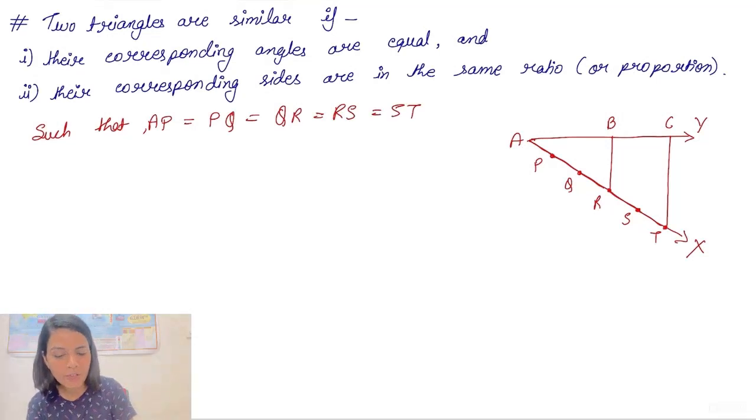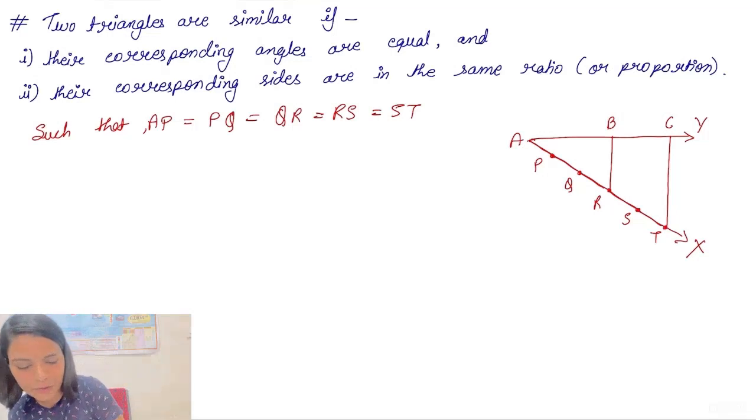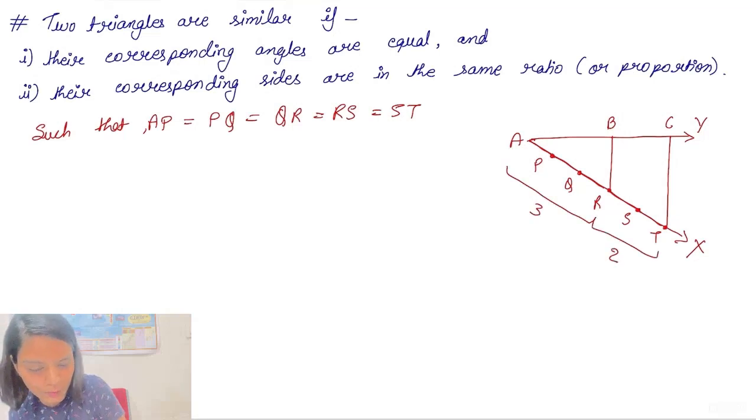That is, we have divided this line AX into 3 parts and 2 parts. So AR upon RT will be equal to 3 by 2.